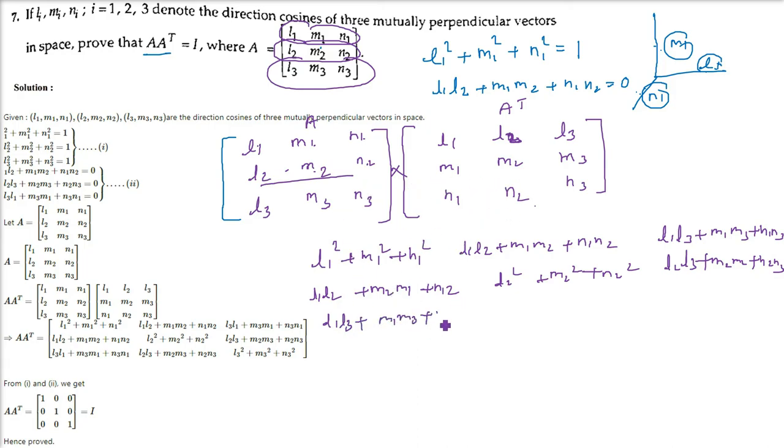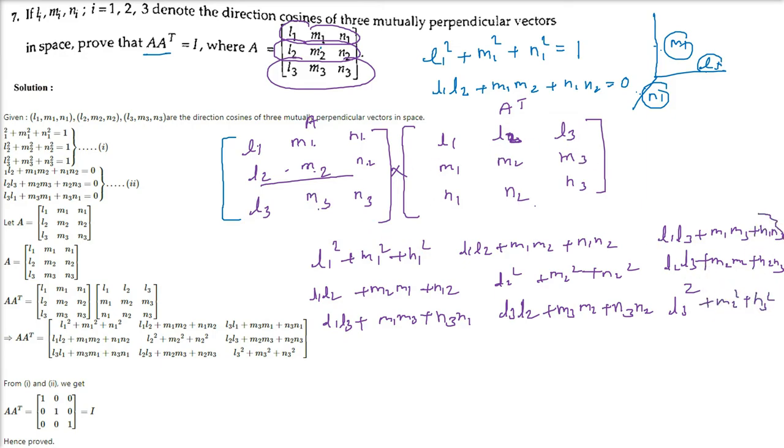Third row with second column: L3 L2 plus M3 M2 plus N3 N2. Third row with third column: L3 square plus M3 square plus N3 square.